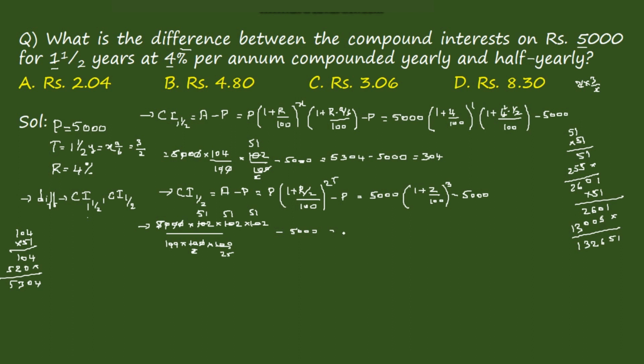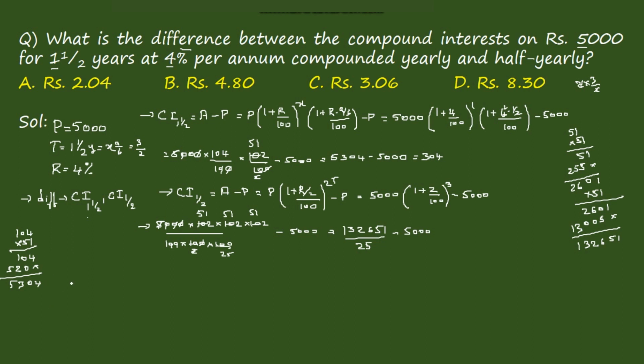So which is equal to nothing but 132651 by 25, minus 5000, right? You have to find the value of it.